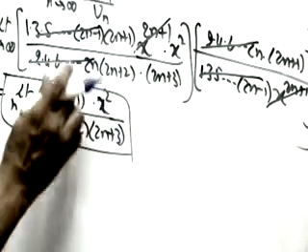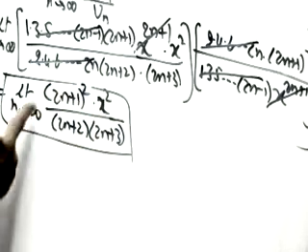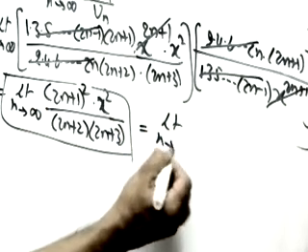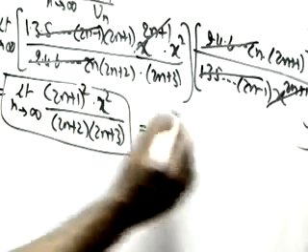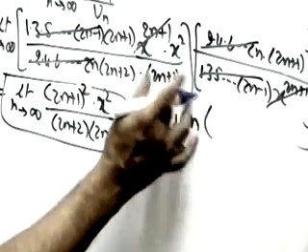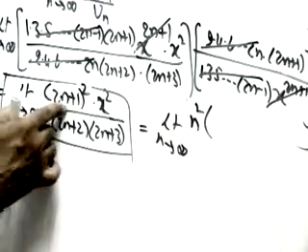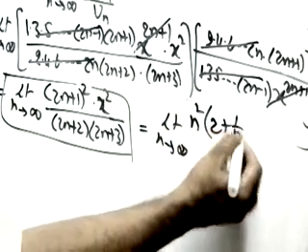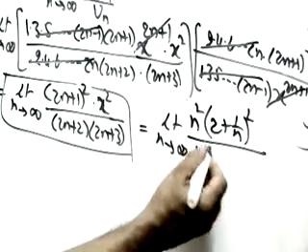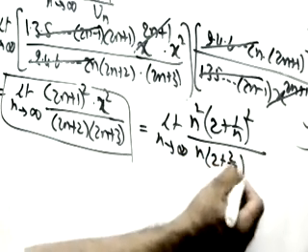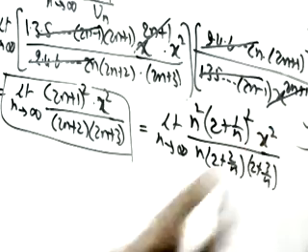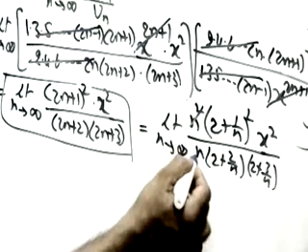Let me note this one, we may use it afterwards. Now see here, you take common and substitute the values, limit n tends to infinity. If you take n common here it will become n square, because we have a square, so we are taking n square common. You are left with 2 plus 1 by n whole square, divided by, if you take n common here, 2 plus 2 by n, 2 plus 3 by n, into x square.